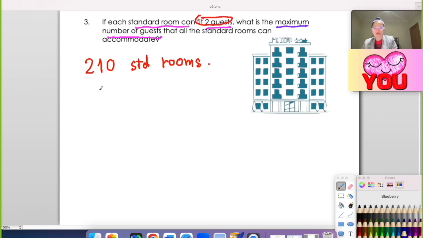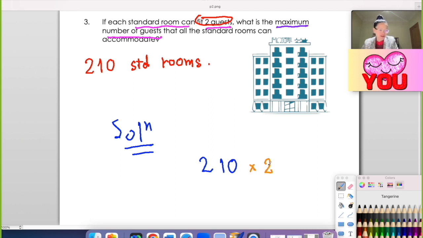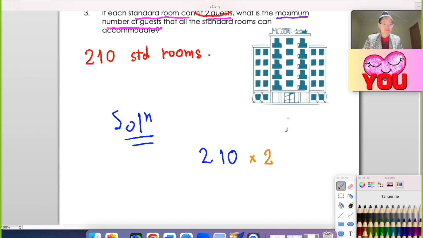Easy. What you're going to do is 210 times 2. Does that make sense? Which equals, you can do the workout here.